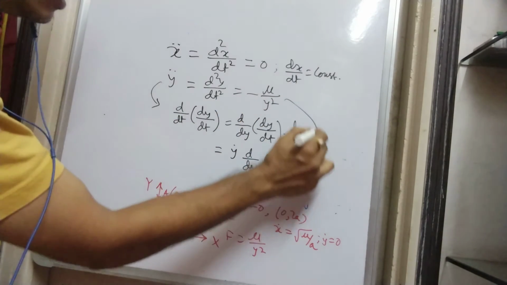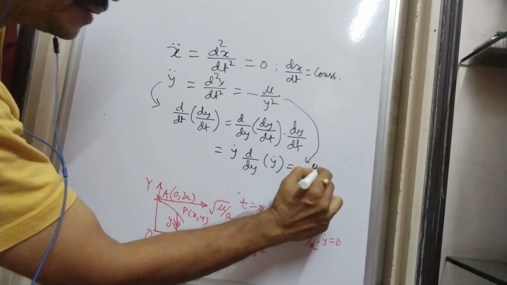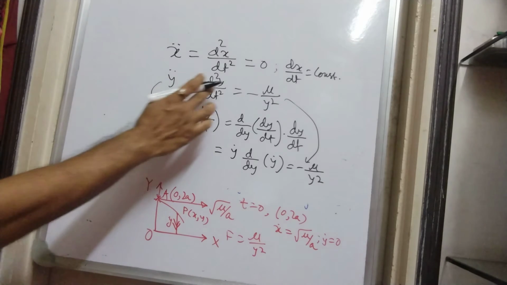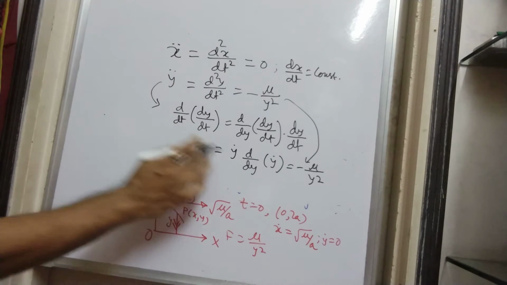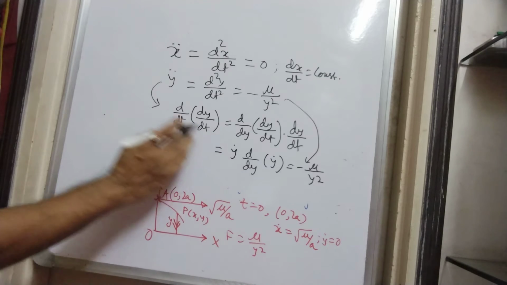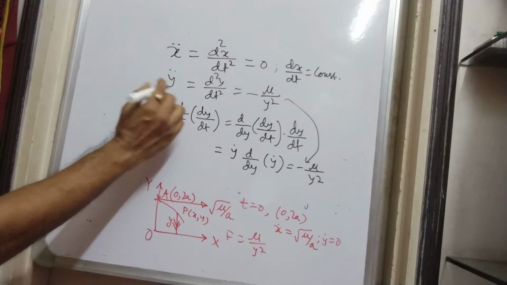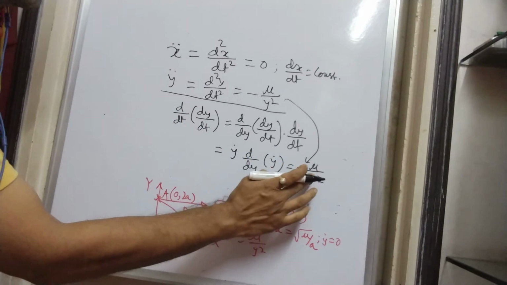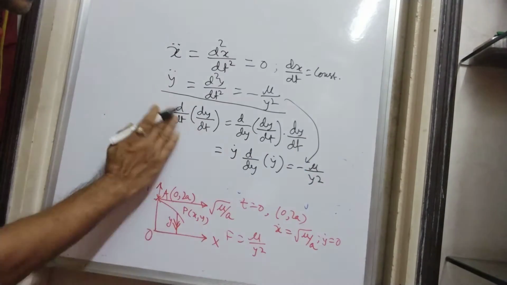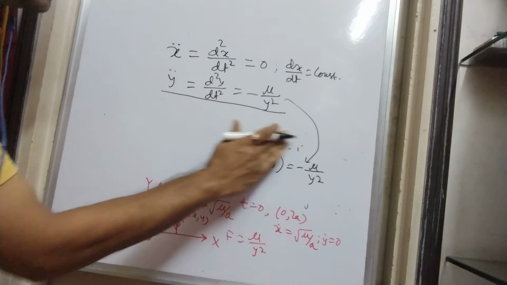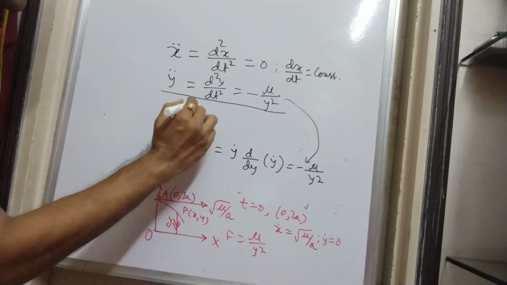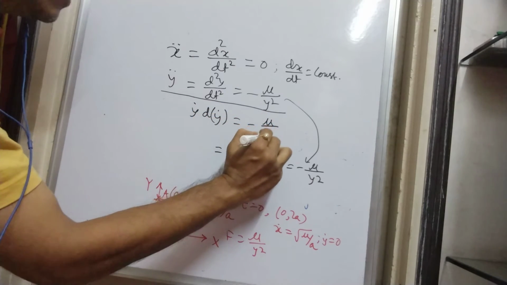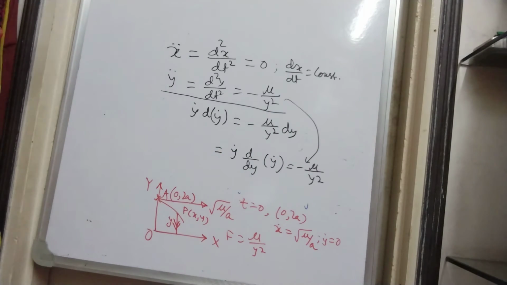And that is minus mu by y square. So we have oriented this equation this way so that we may write it as y dot d of y dot equal to minus mu by y square dy.